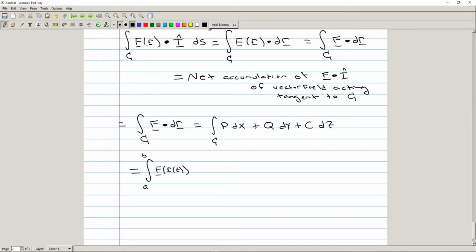This is F of r of t dot the unit tangent vector, which is r prime of t divided by the magnitude of r prime of t, with respect to ds, which is really just the magnitude of r prime of t dt.